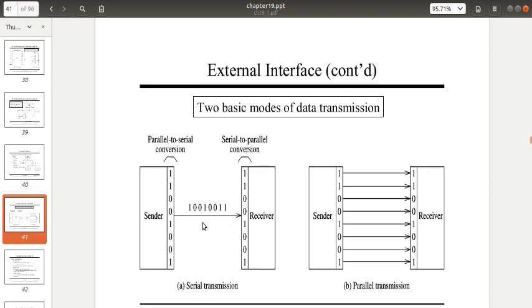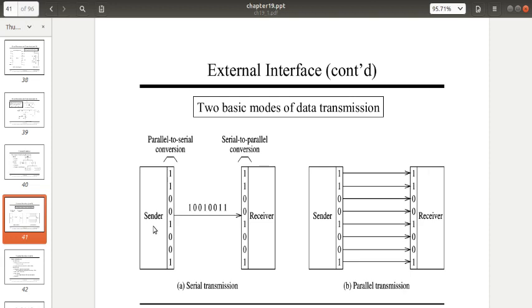for each word. And at the sender side, there is a parallel to serial conversion, because within the processor all communication is parallel only. That is from memory to the processor, or the communication bus, any data bus, whether it is an external bus or internal bus, always has parallel communication.